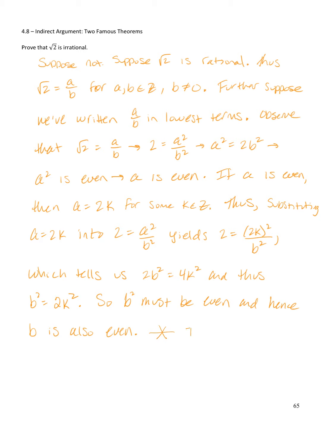If a and b are both even, then a over b is not in lowest terms. Thus, our supposition that square root 2 is rational must be false, so square root 2 must be irrational.